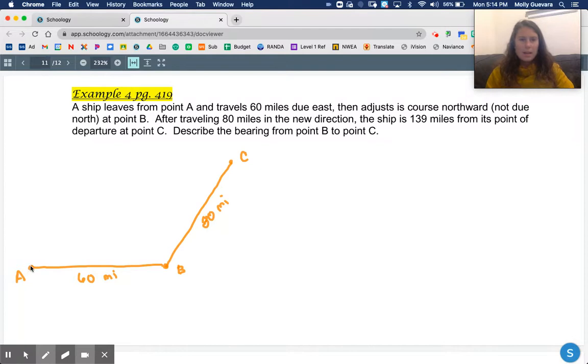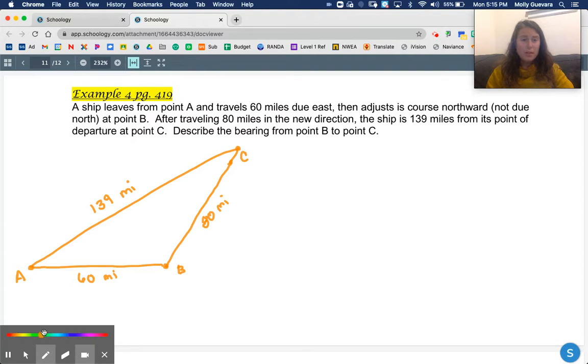Right? And it is 139 miles from where it started. So that's 139 miles. I want to know the bearing. So if I draw my north-south axis, like so, I want to know, what is this? What is the bearing?